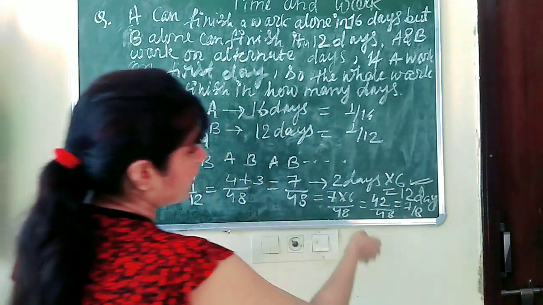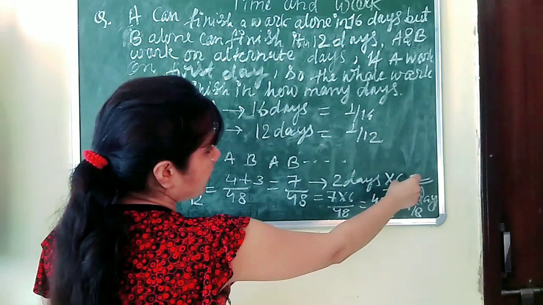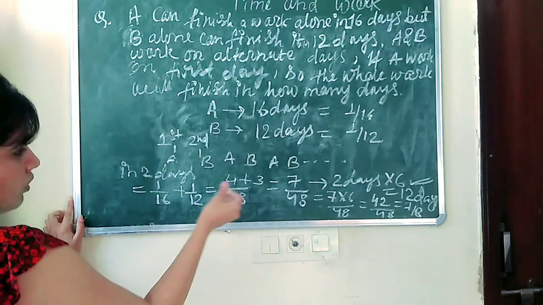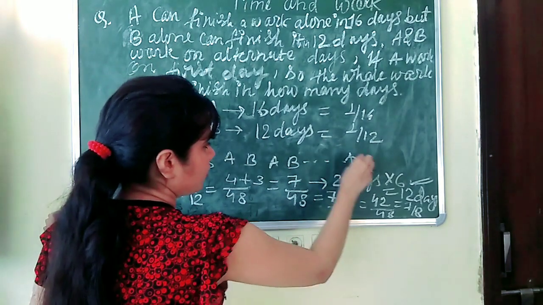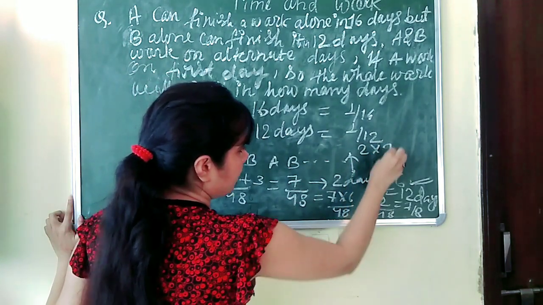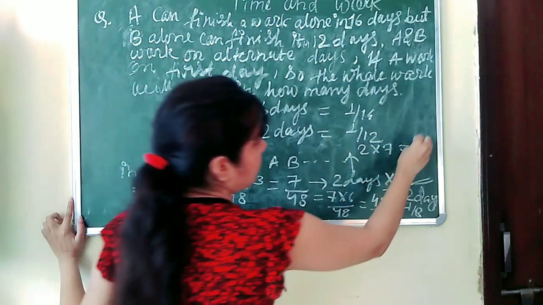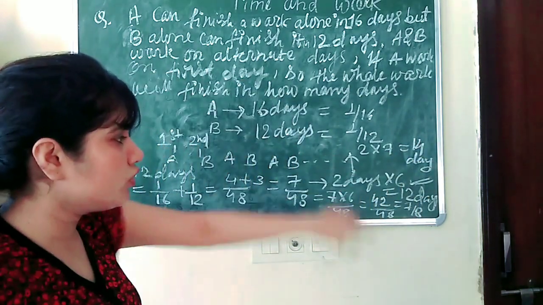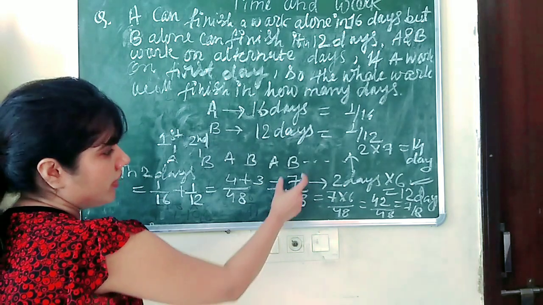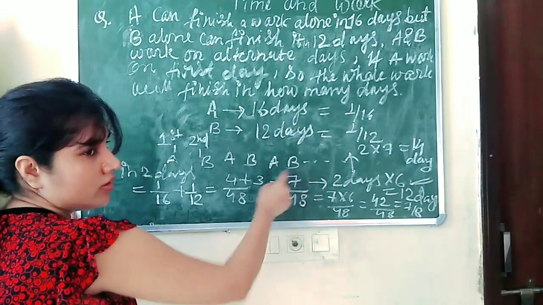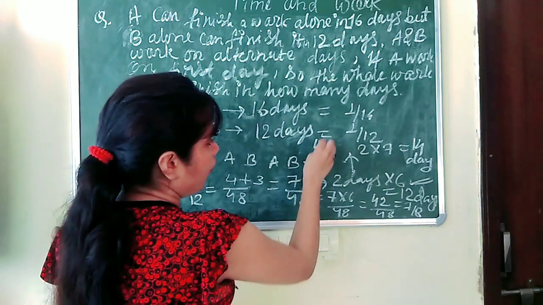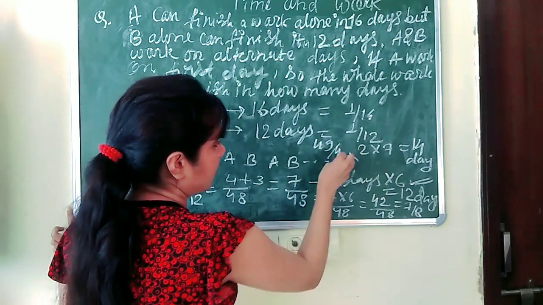Why are we not taking this 7? If we take 7, that will be 2 cross 7, so the total number of days will be 14 days. And if we multiply here by 7, we have to multiply the same 7 for the amount of work. So that will be 7 into 7, which is 49 by 48.